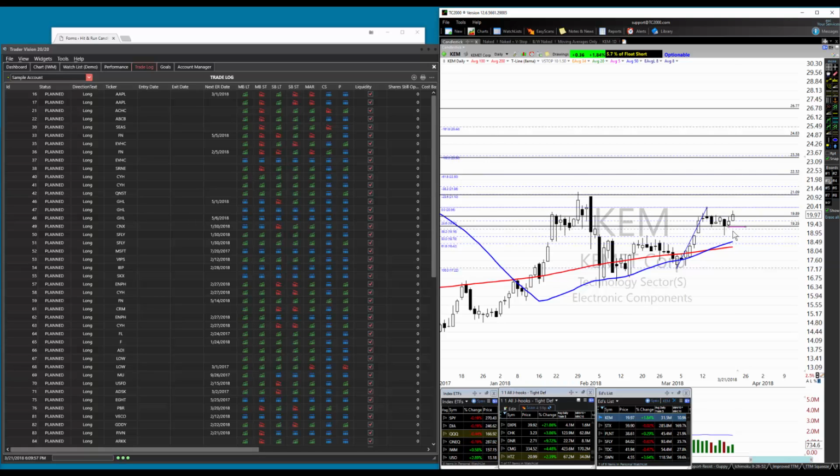So if we like that, and if we use the stop down here just below these lows in here, let's just make it about there. And let's put our entry in this area. We don't want to drop back in below that line.